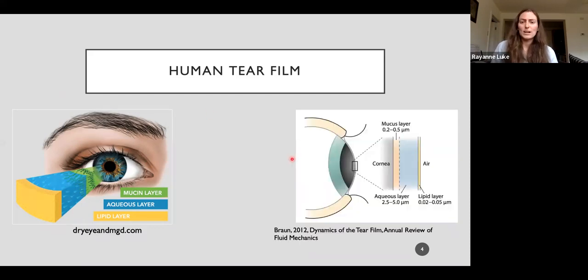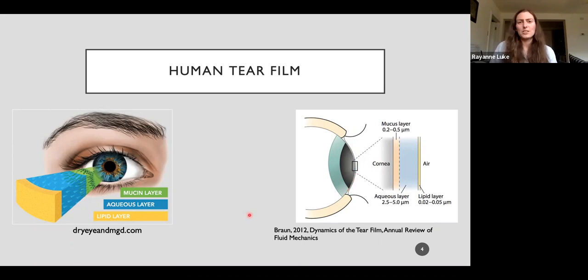To give you an idea of scale, here is a side view of the eye. The aqueous layer is on the order of a couple microns, and the mucin layer and the lipid layer are on the order of nanometers. And this is all happening on this very, very thin layer of fluid on the front of your eye.